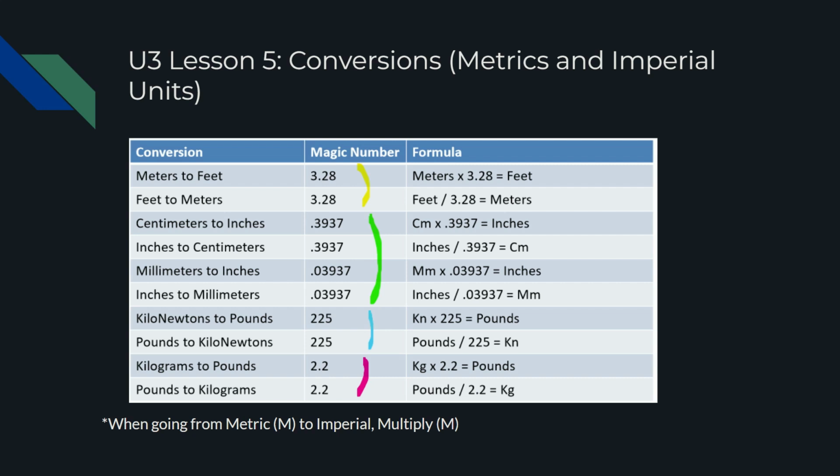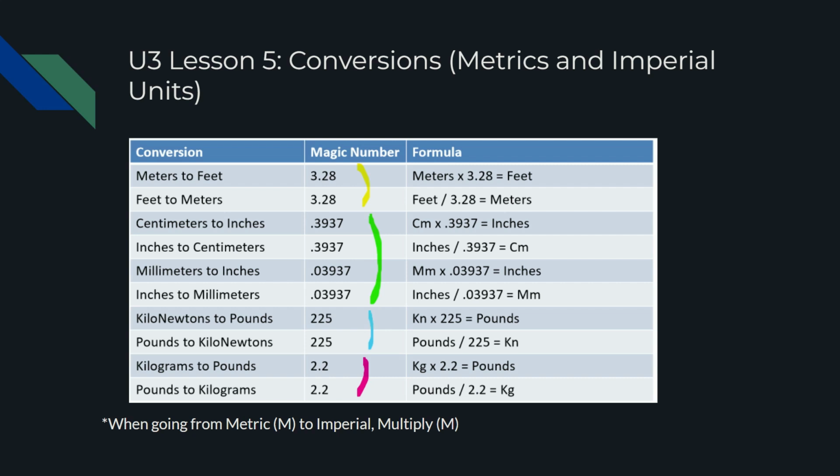And metric is your meters, your centimeters, your millimeters, your kilonewtons, and your kilograms. So if you ever start with any of those, you're gonna multiply, and then the opposite would be divide.